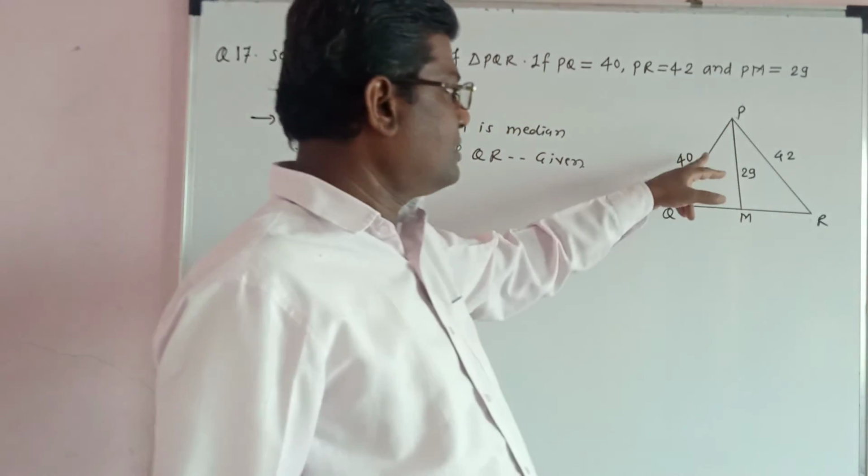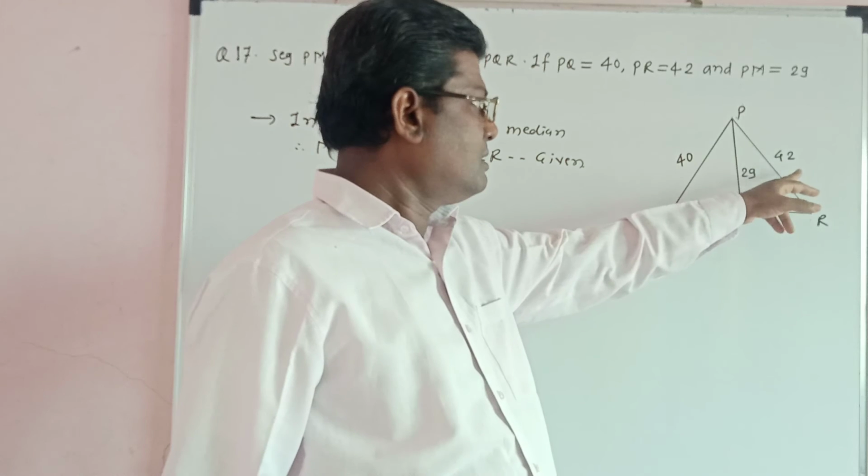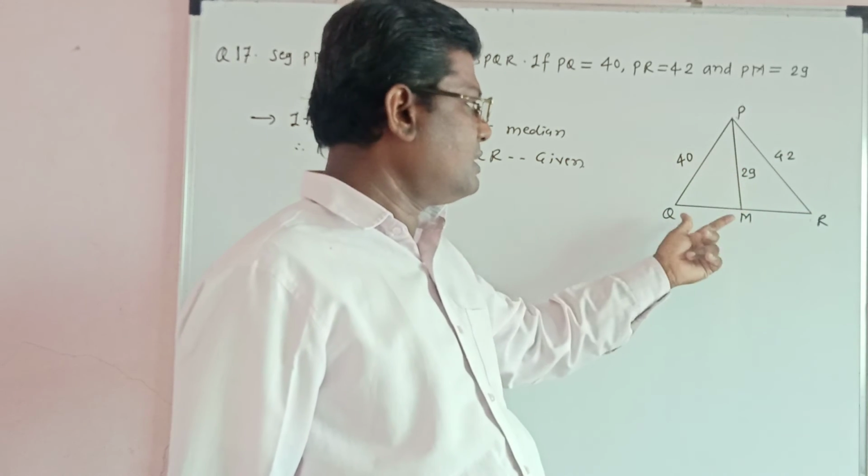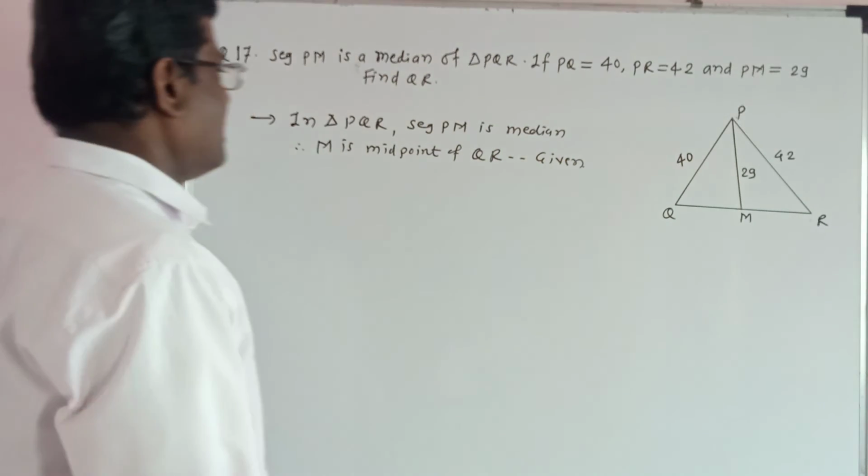Apollonius theorem: PQ square plus PR square is equal to 2 into PM square plus 2 into QM square.